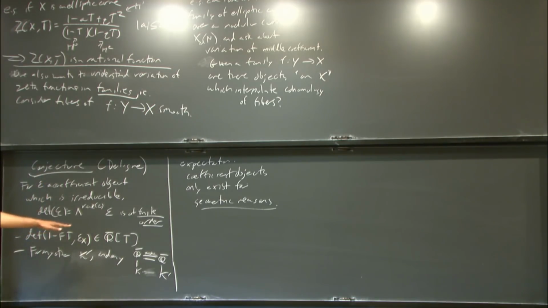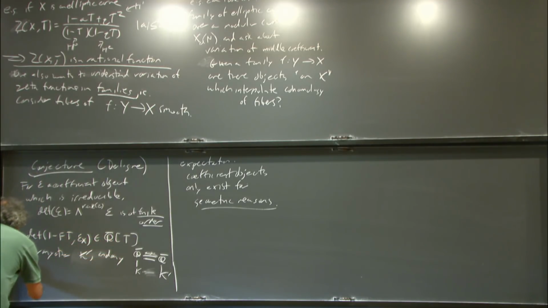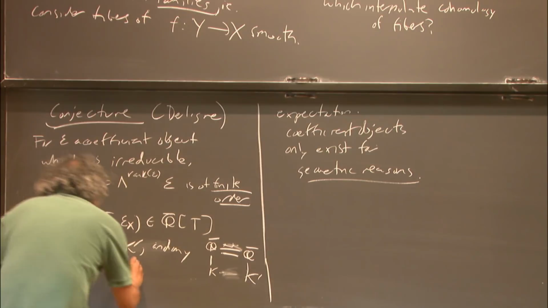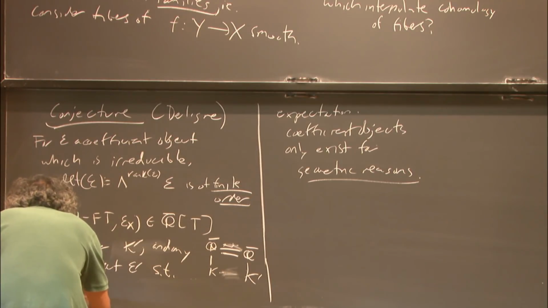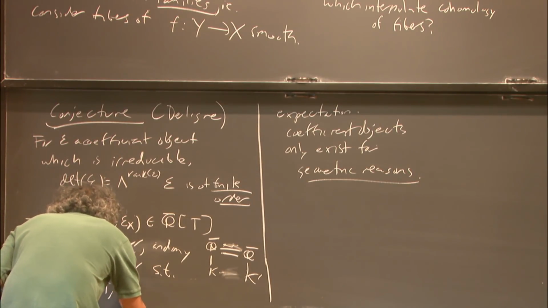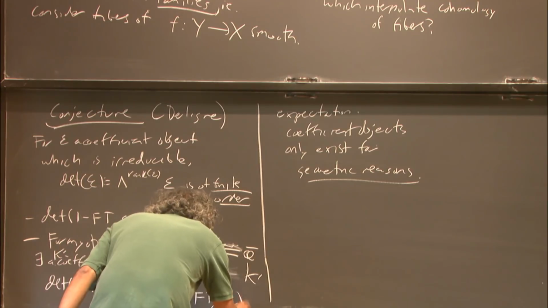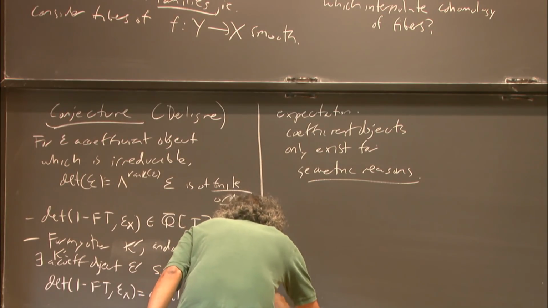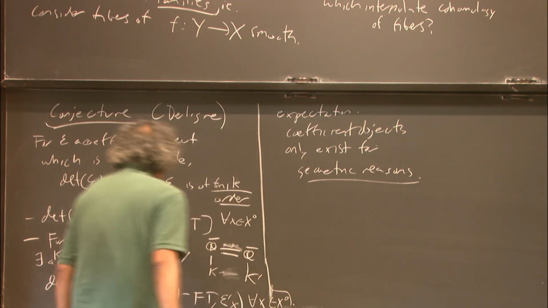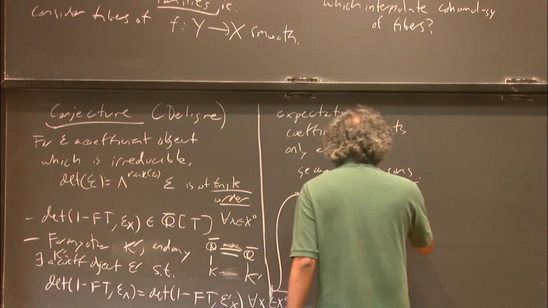Now that I know these things live in Q bar, if I look at a k prime coefficient object, E prime, then what I expect is that this holds for all closed points, and such an E prime is called a companion.